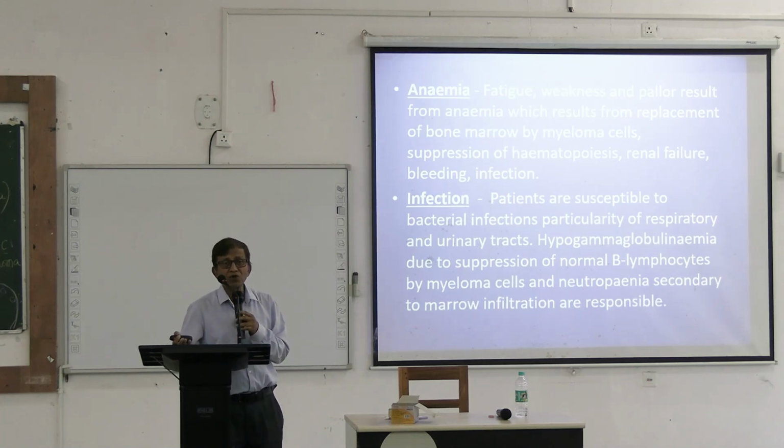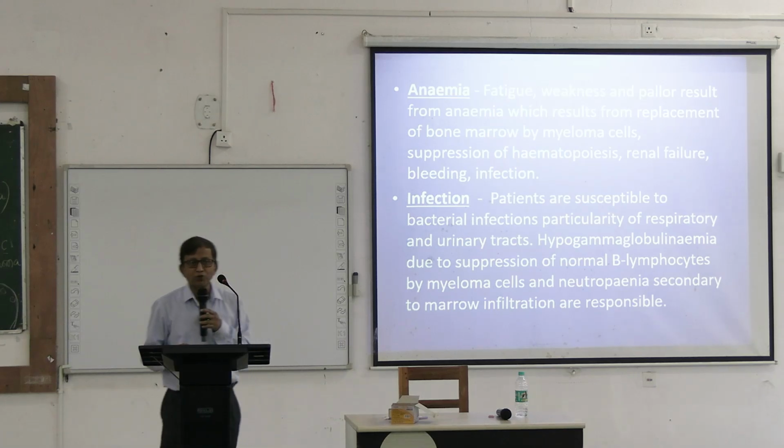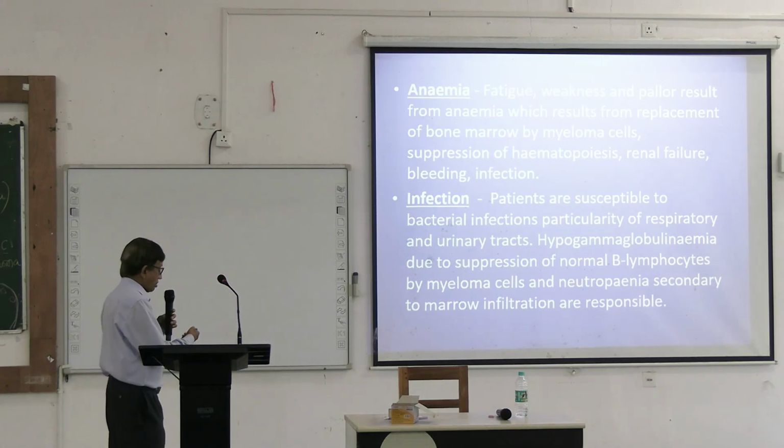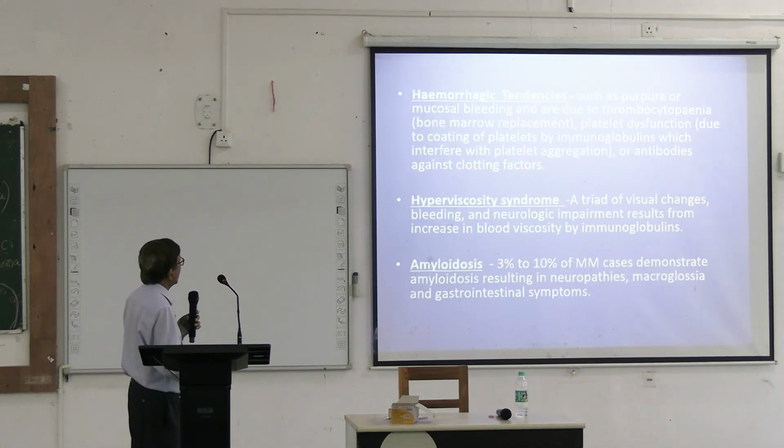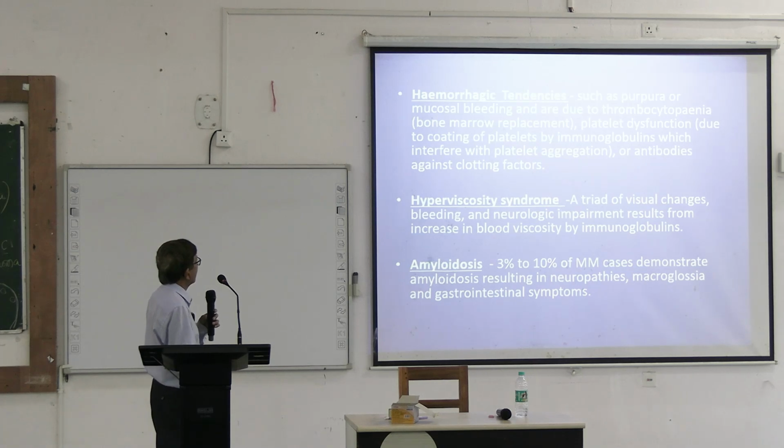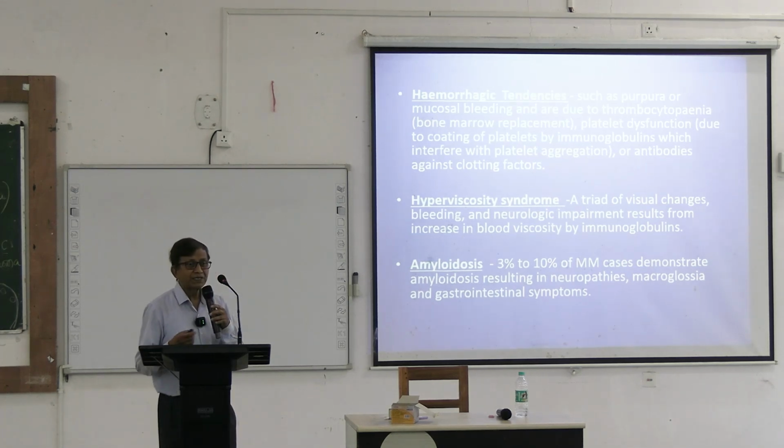Because those immunoglobulins are not normal. They don't have the protective capacity. Like this, you know the pathogenesis, you design the symptomatology yourself. Don't have to read books. Why hemorrhagic tendency?